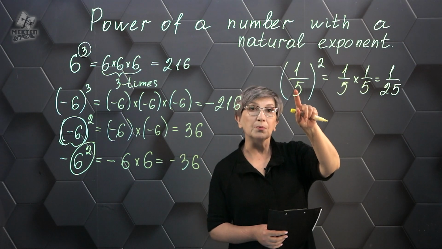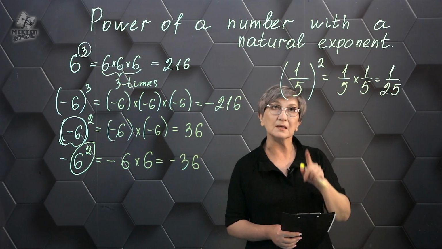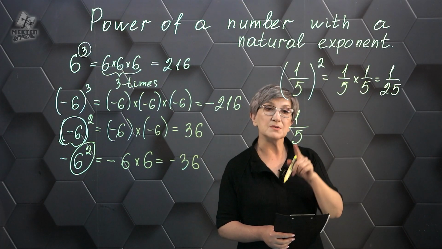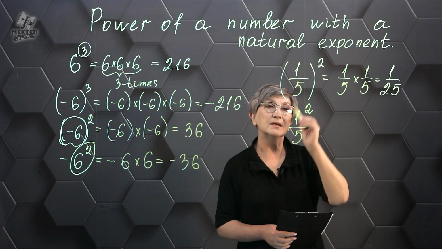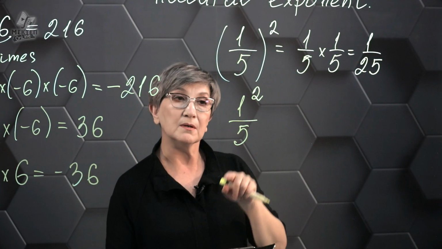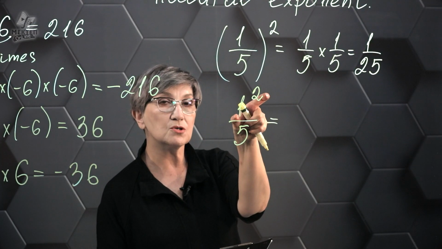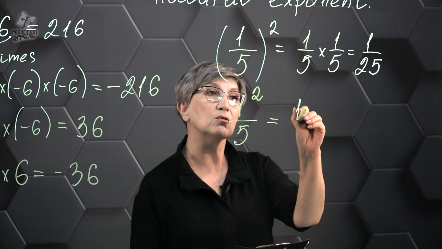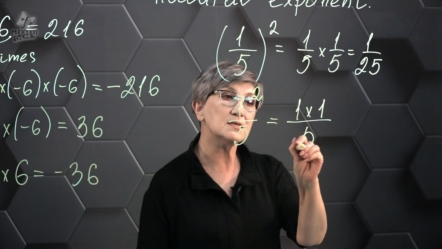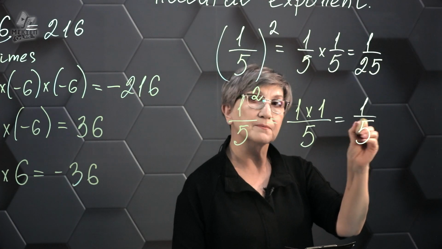Thus, the fraction 1/5 to the second degree is the number 1/25. But if you see the following entry, 1/5, and the number 2 is written without the parentheses, what happens in this case? In this case, only the number 1 I have to multiply by 1 twice, and I have to rewrite 5. The resulting answer is 1/5.